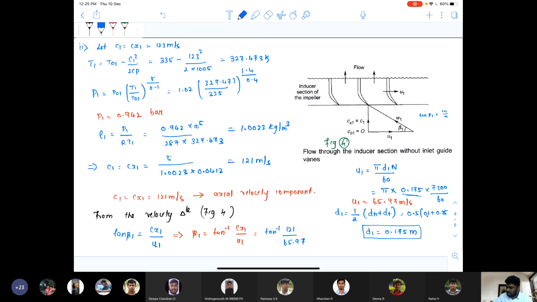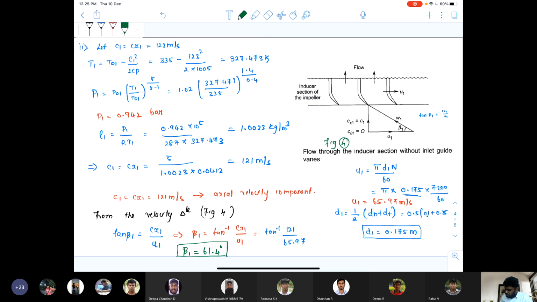From this calculation the value of beta 1 will be equal to 61.4 degree. Therefore we have found the air inlet angle at the inducer blade, which is beta 1 is equal to 61.4 degree.